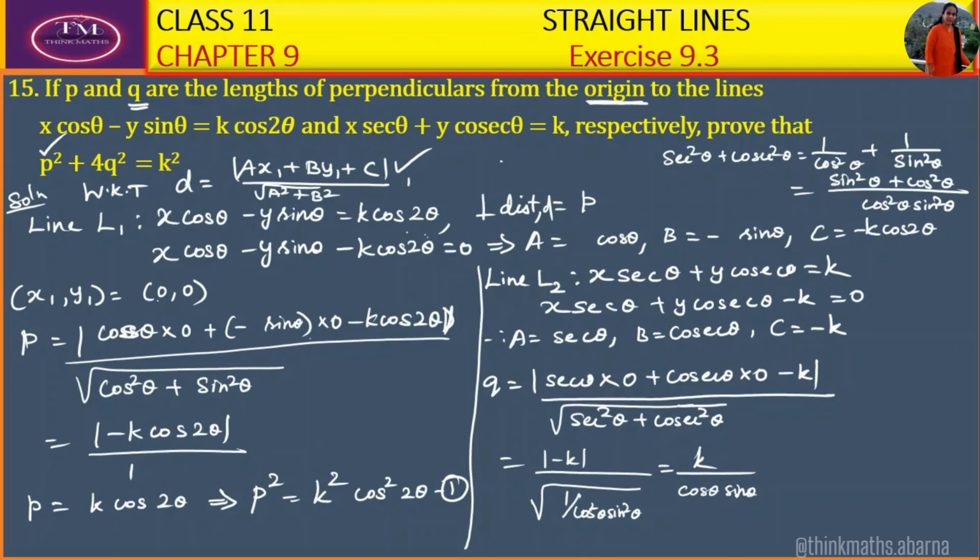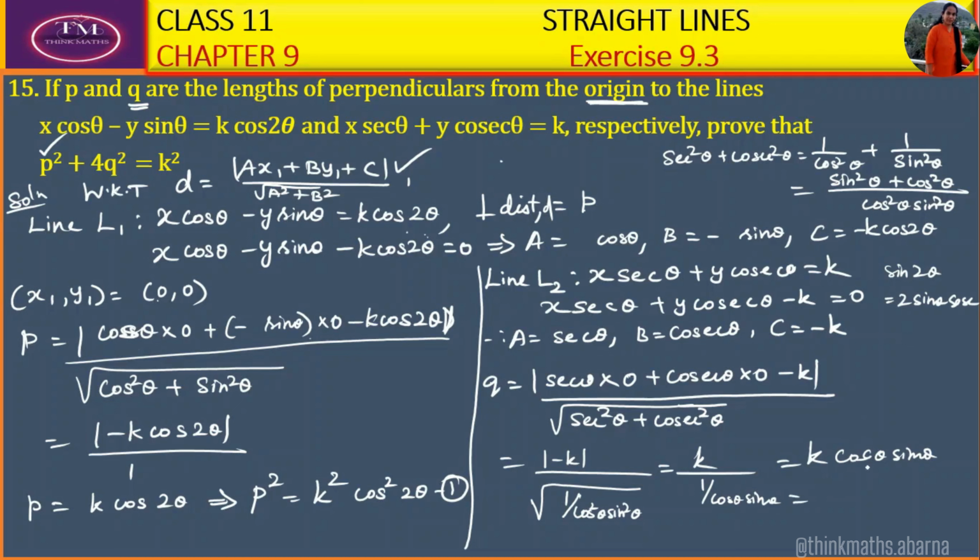Okay, 1 by cos theta sine theta. So 1 by cos theta sine theta, which is equal to this 1 by cos theta sine theta. When I take it to the numerator, it will become cos theta sine theta. We know that sine 2 theta is equal to 2 sine theta cos theta.